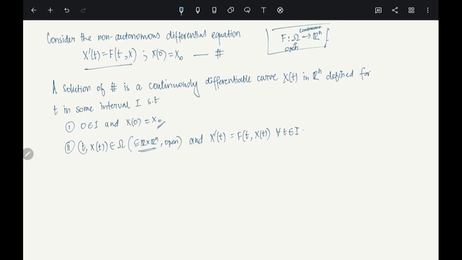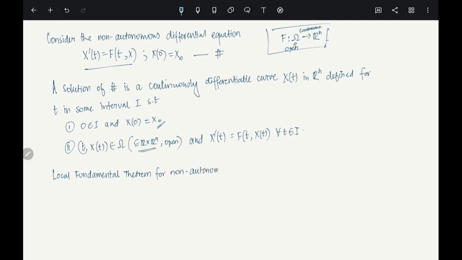Okay. So with that in mind, let's write down the local fundamental theorem. Again, local fundamental theorem. You can also call it Picard's theorem, it's not a problem. Fundamental theorem for non-autonomous system.